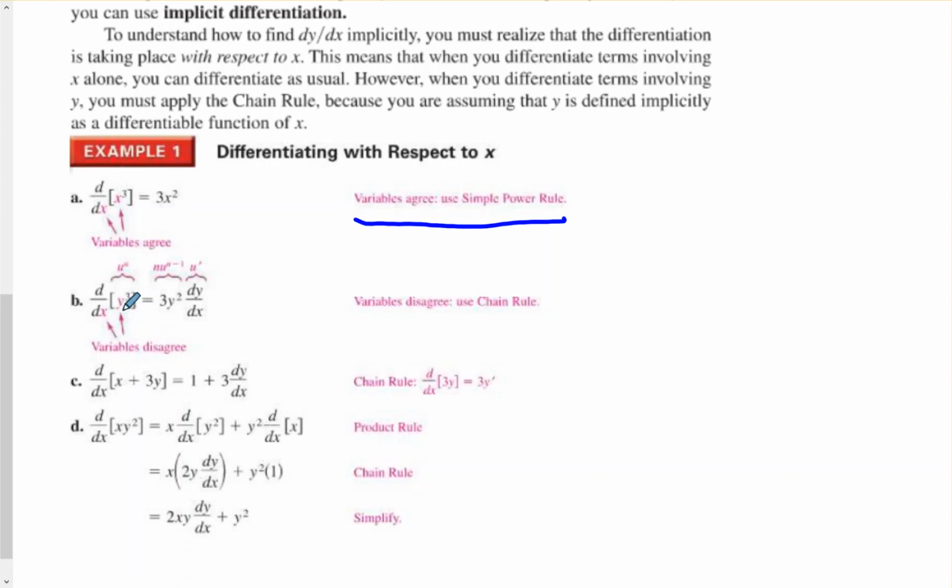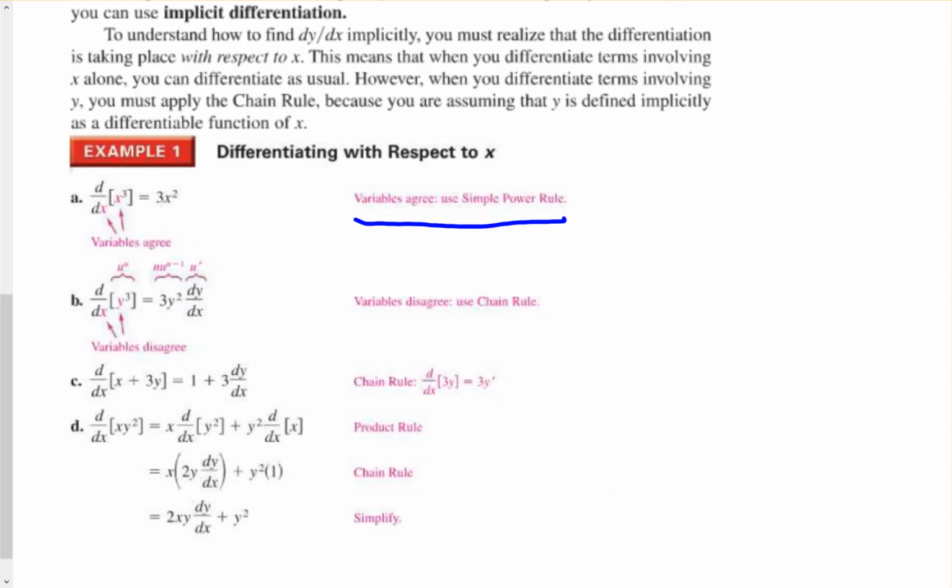If the variables disagree with respect to your derivative variable, then you have to incorporate the chain rule as well. So for y cubed, we take the derivative 3y squared, and then we take the derivative of y with respect to x, and you multiply the two together.